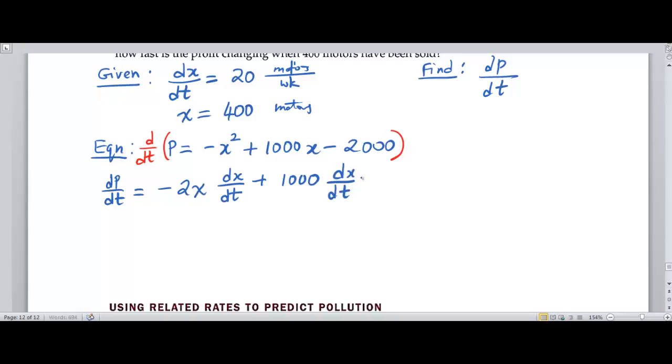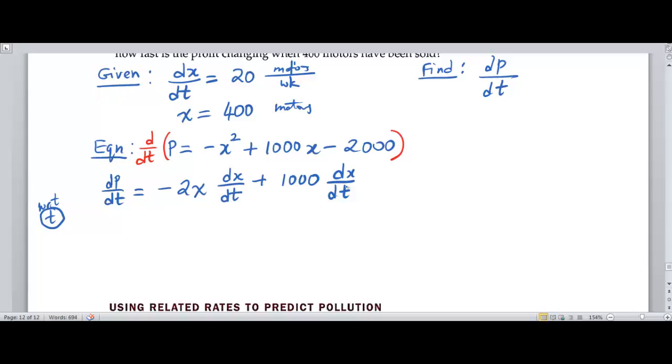Now notice here, every time I take a derivative of a variable that's not t, I'm taking the derivative with respect to t. So anytime you take the derivative of anything that's not t, you have to write d blank over dt. So here I took the derivative of p, that's 1 dp/dt, I did not write the 1, minus 2x dx/dt, 1000 dx/dt.